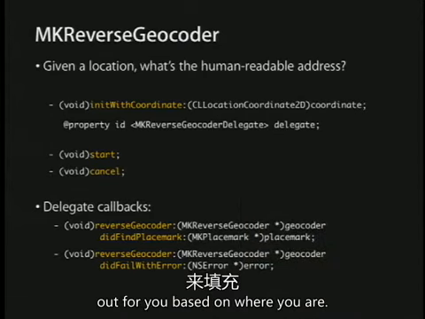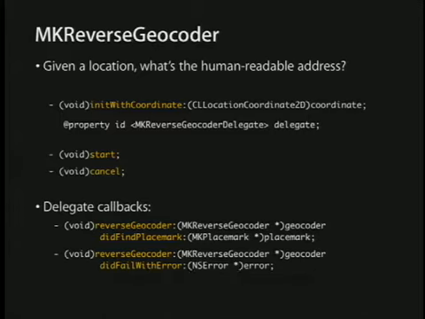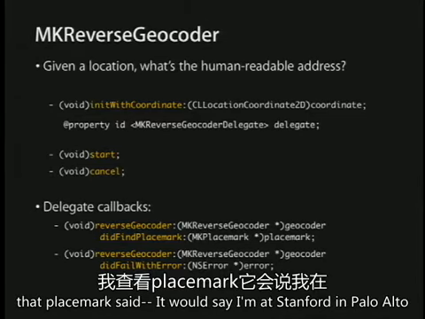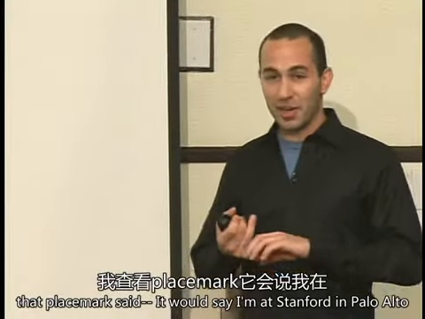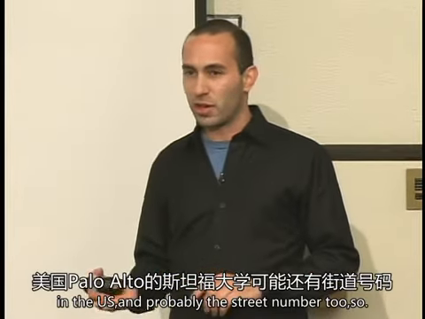That placemark will be filled out for you based on where you are. If I parse that placemark and look inside, if I did that on my phone right now, it would say I'm at Stanford in Palo Alto in the US, and probably the street number.